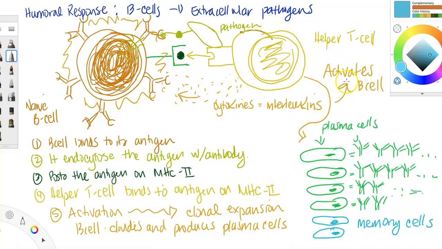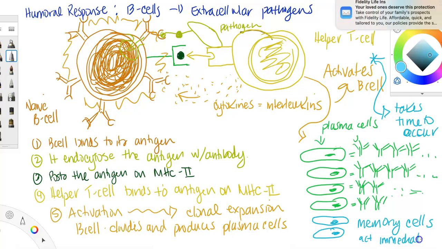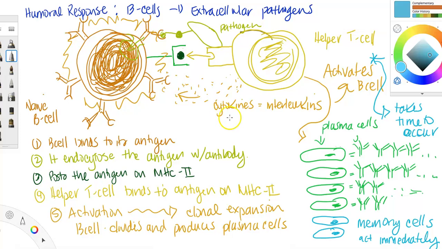This process of activation takes weeks. The memory cells act immediately, because they already know what to do. They've already been primed. They've already been through all of this, so they know what to look for and know exactly what to do.